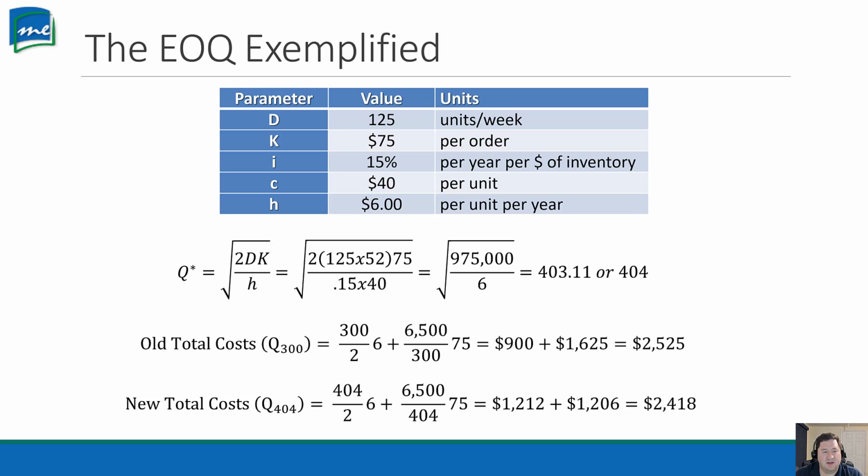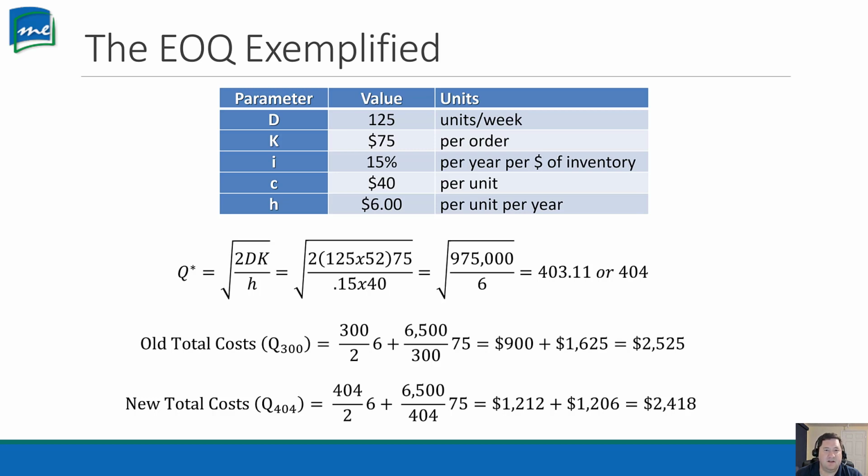All right, so if we start plugging these numbers in, you can see the Q star, the square root of 2 capital D capital K divided by lowercase h. So in the next section, we have 2, and then D. Since we're doing an annual one here, it's 125 times 52. When you look at D, it says units per week, but we need an annual figure, so we need to multiply that by 52 weeks.